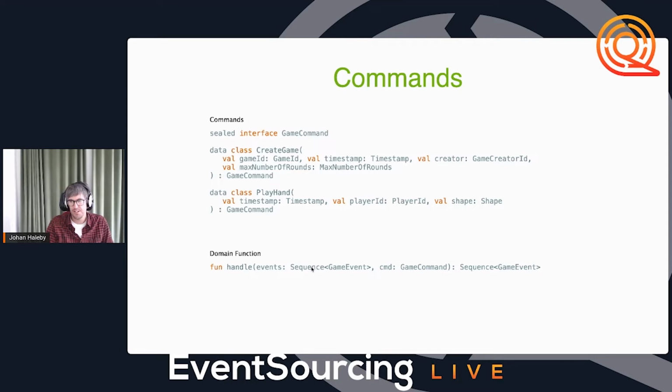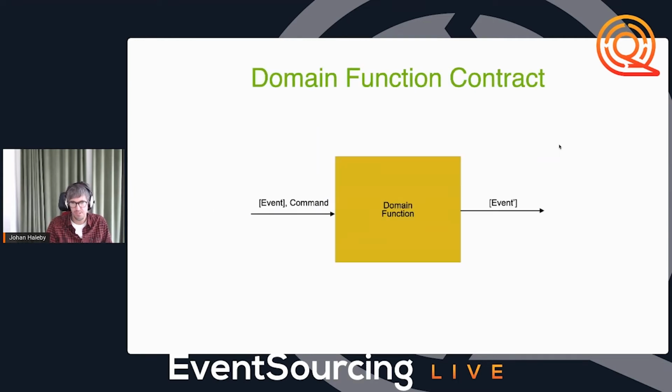If you use Java, it's similar to a Java stream, but in Kotlin. So it takes a list of events and then a command, and then it returns a new list of events. The domain function takes the list of events and a command, and returns new events.